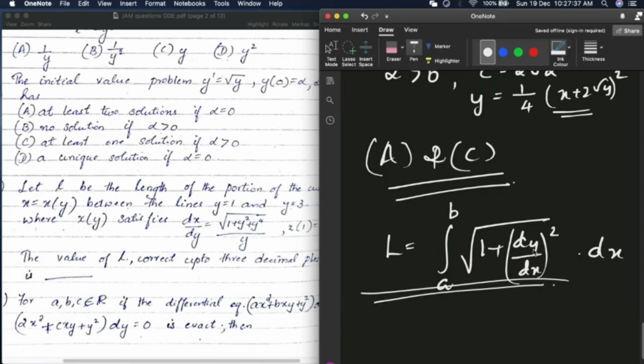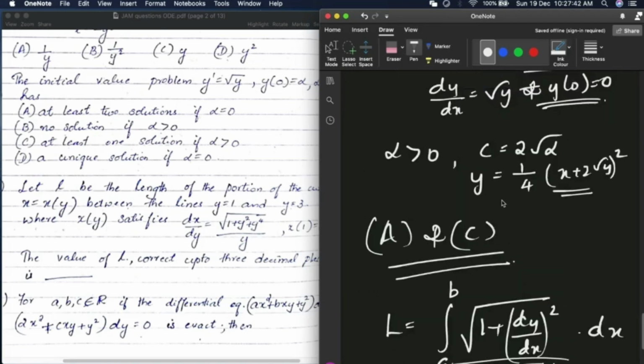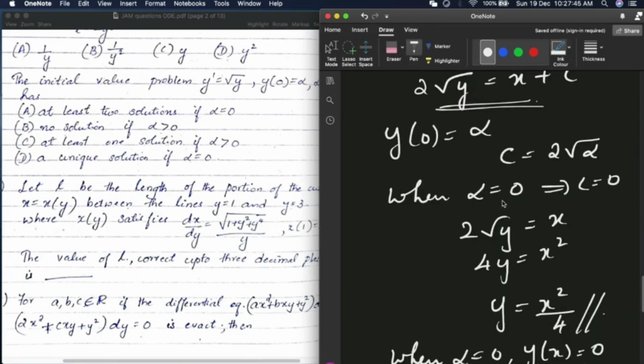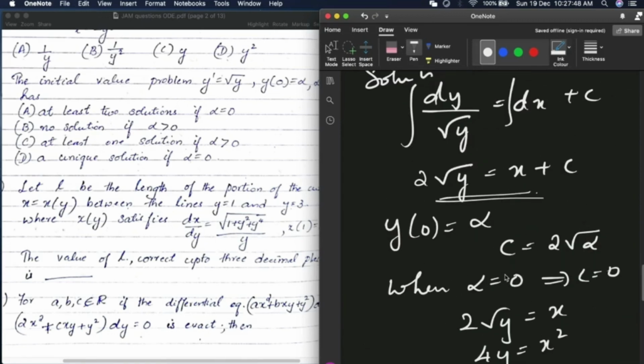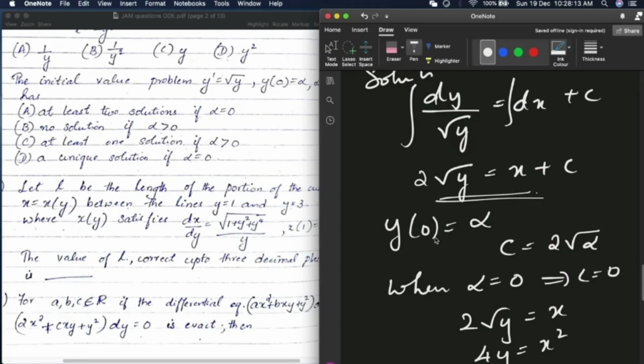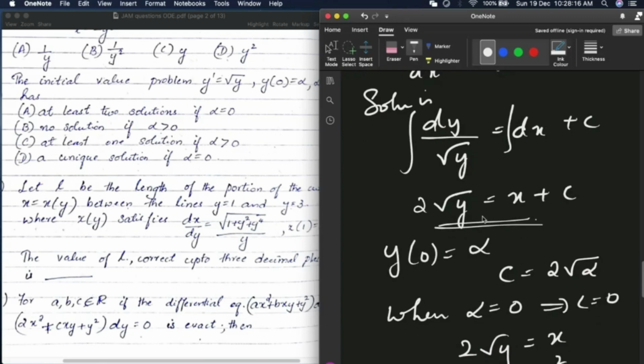Ma'am, please explain why for alpha equal to 0 we get at least two solutions. Yeah, see, there are two conditions. See, this is the case that you have got 2 root y.